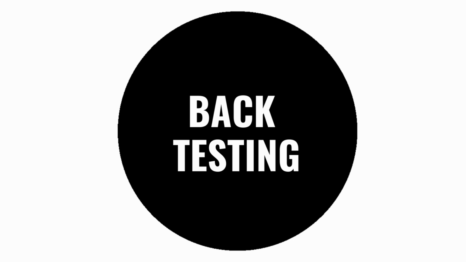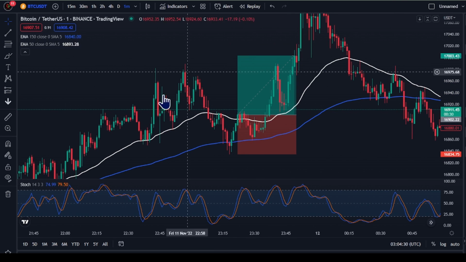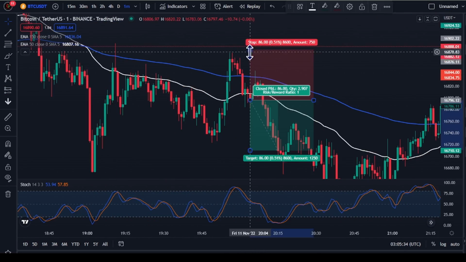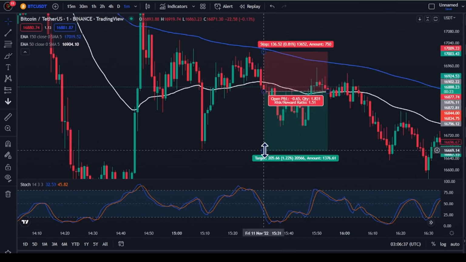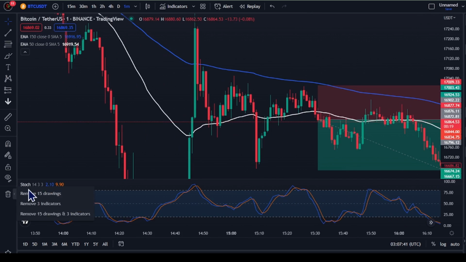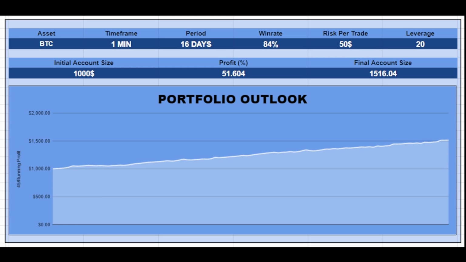Backtesting. I backtested this strategy 100 times. Let me show you a glimpse of the backtesting. Now, here are the results.